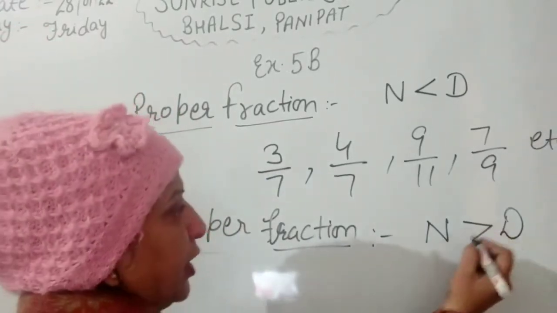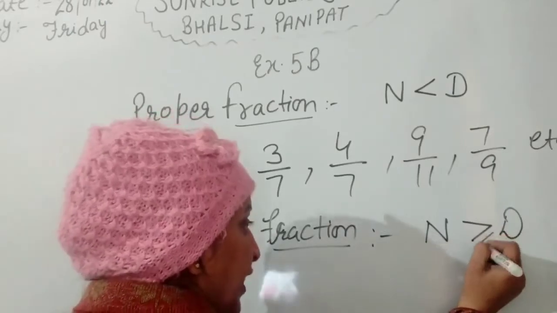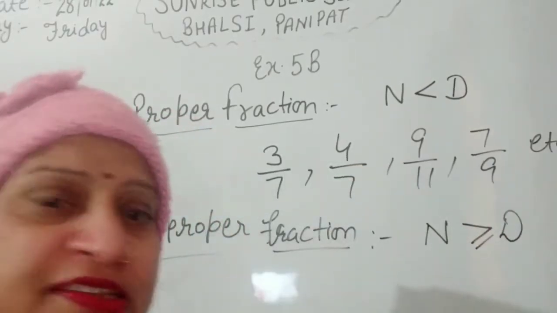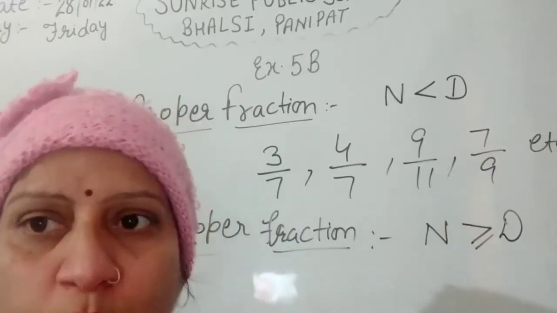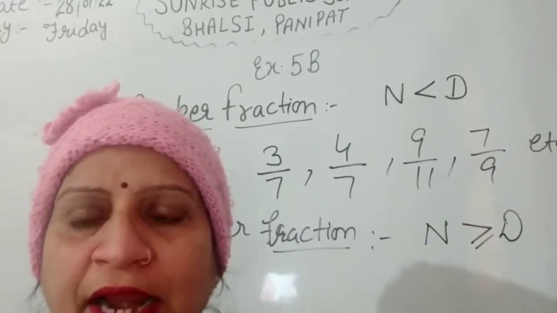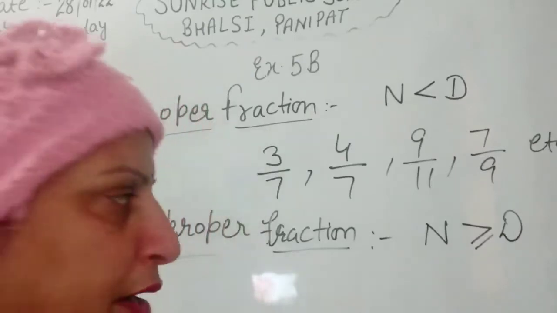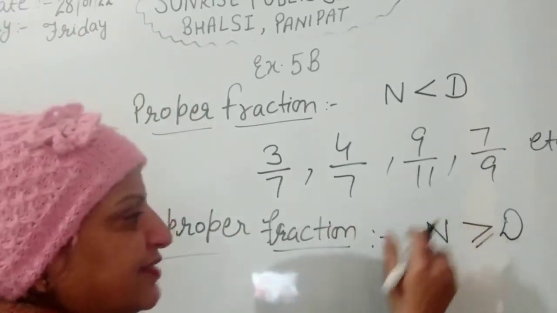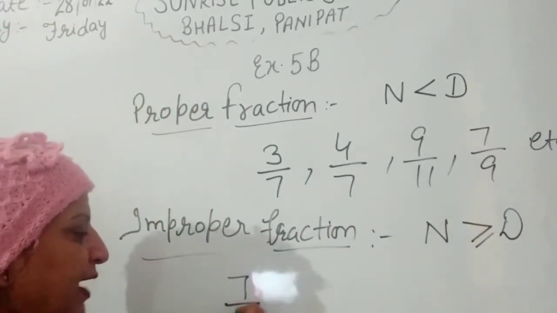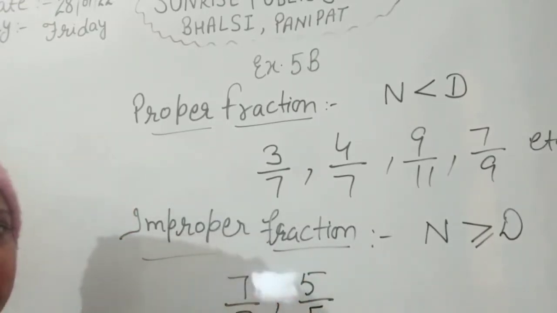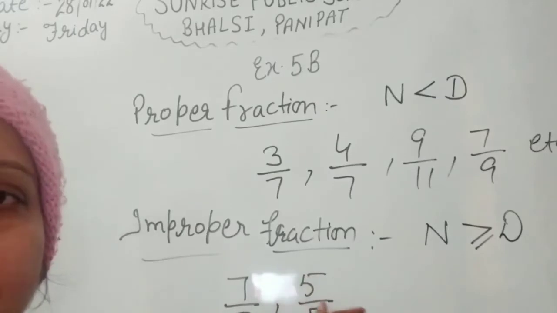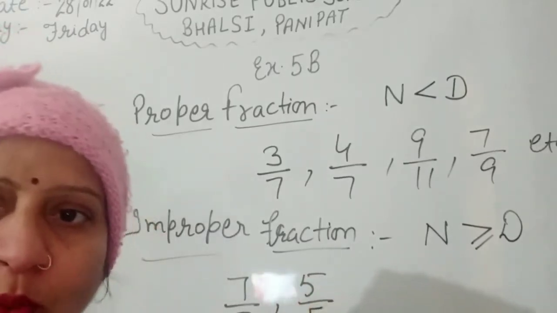So the condition is that the numerator is greater than or equal to the denominator. It may be greater, and it may be equal. First we write examples of equal: 7 by 7, 5 by 5. In these two fractions the numerator and denominator are both equal.